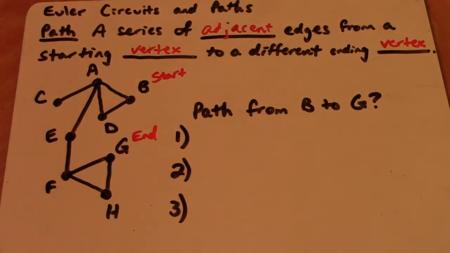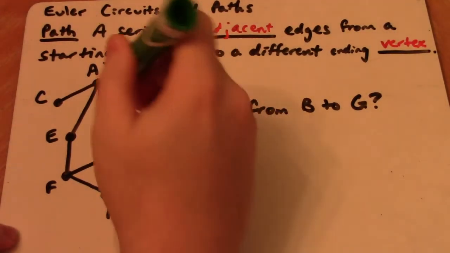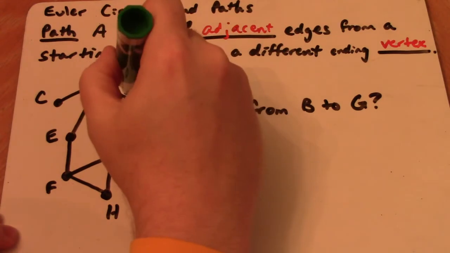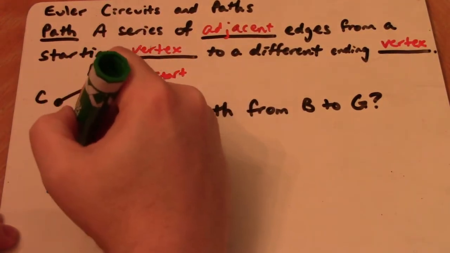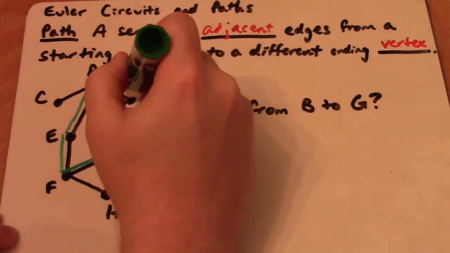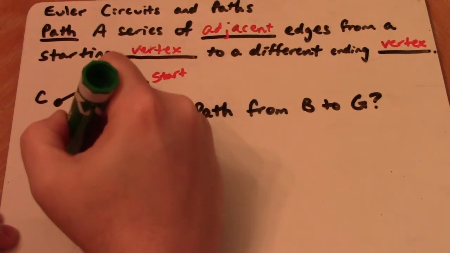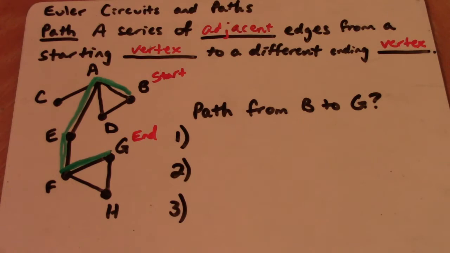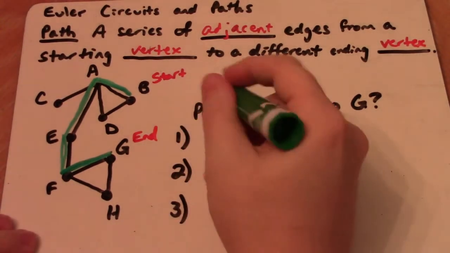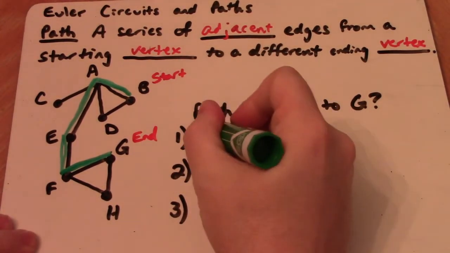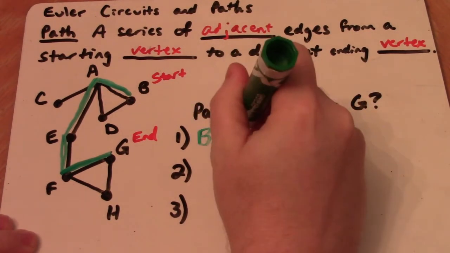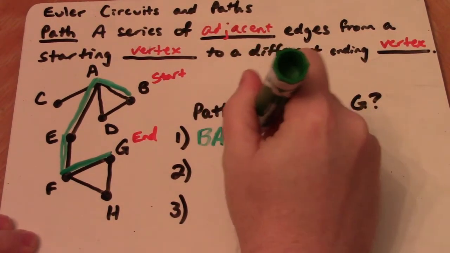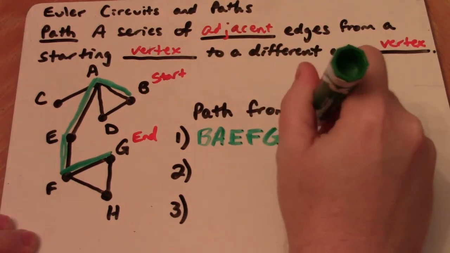All we need to do is locate one set of edges that would get us from B to G. For instance, we could travel from B to A, then from A to E, E to F, and F to G. That path would get us from B to G. And the way that we list a path is we just list the vertices in the order that we're traveling. So we went from B to A to E to F to G.